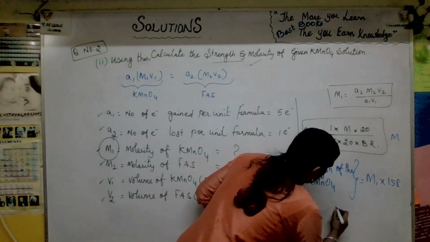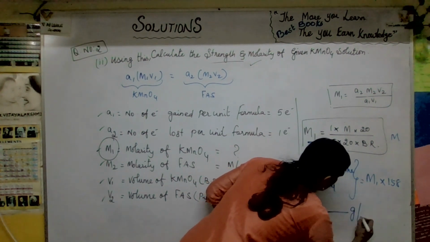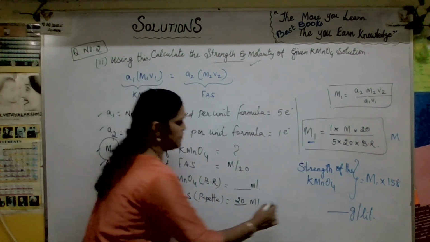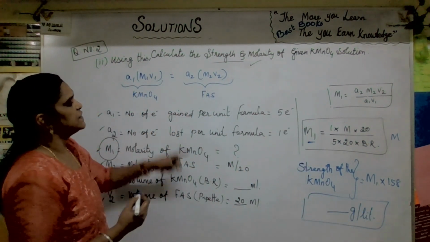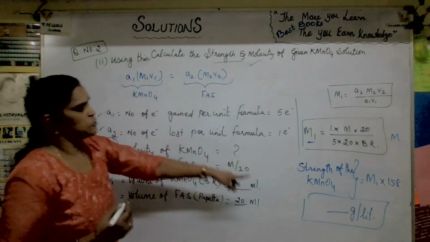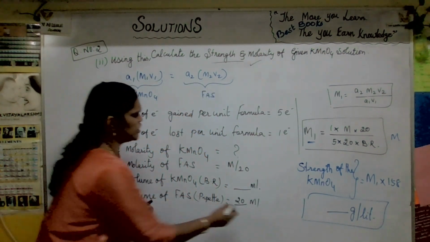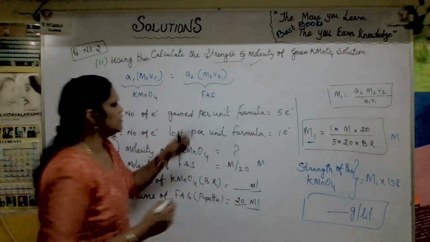The unit you will provide is gram per liter. So this is the way you have to write the result: the given unknown solution of KMnO4 is so and so gram per liter. These units are very, very important.